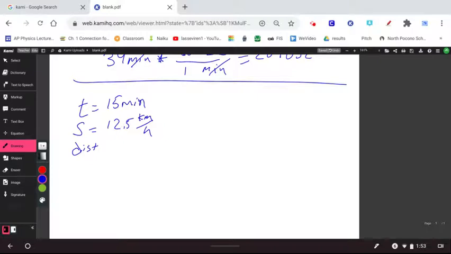So 15 minutes times 60 seconds per 1 minute. That gives us 900 seconds. 12.5 kilometers per hour times 1,000 meters per kilometer, and that cancels out the kilometers.